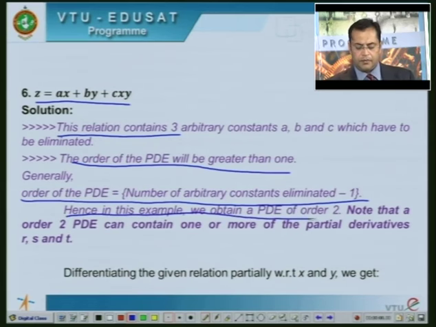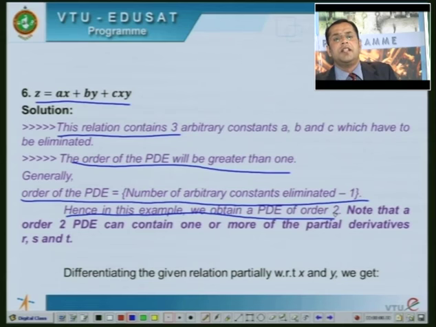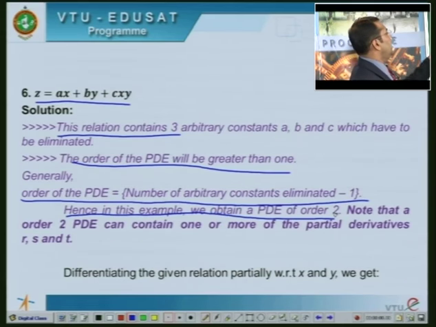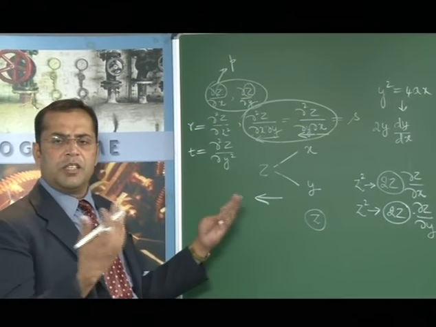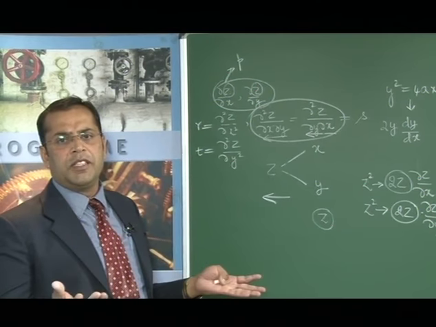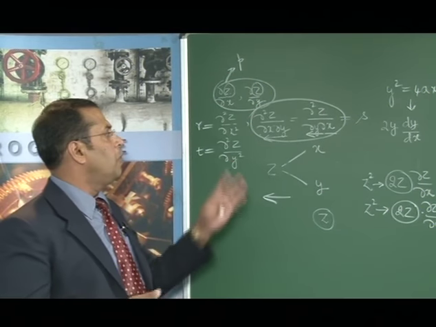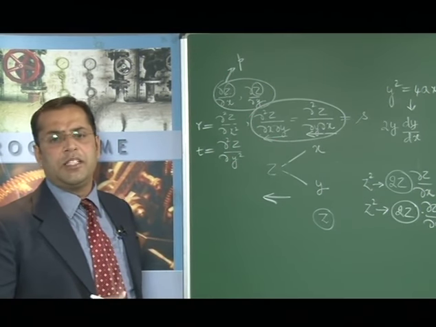Hence, in this example we obtain a PDE of order 2, but note that an order 2 PDE can contain one or more of the partial derivatives r, s and t, because a second order PDE is a PDE containing any of these derivatives, any or all or some of them. So, some equations may contain only r, some may contain more than one, that depends on the given expression.